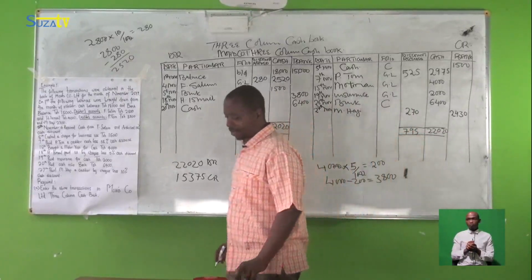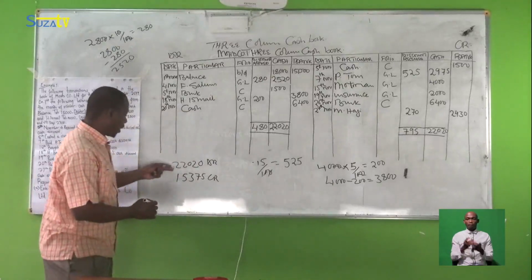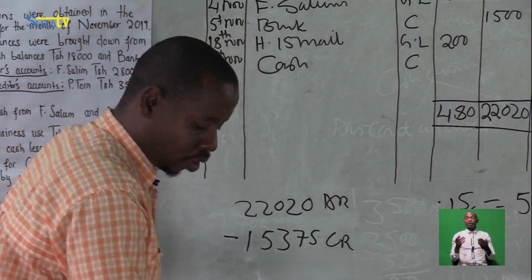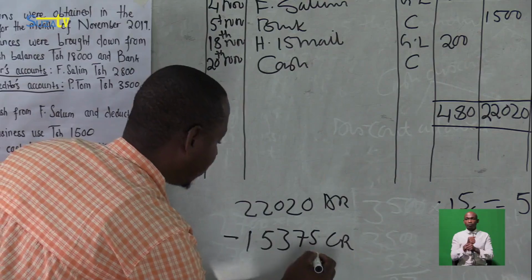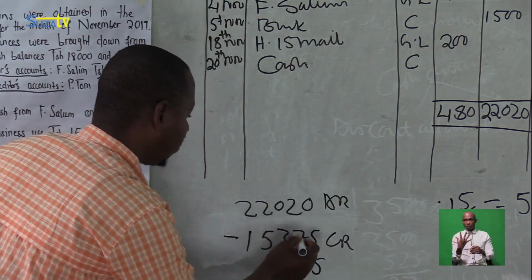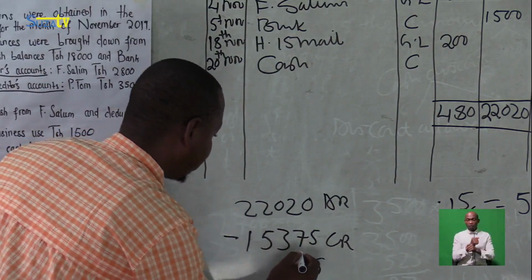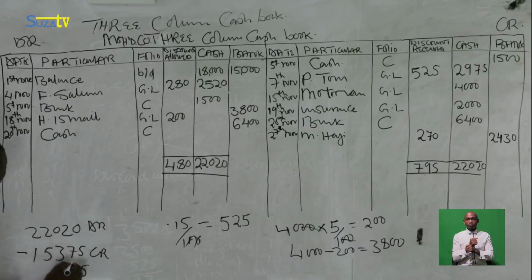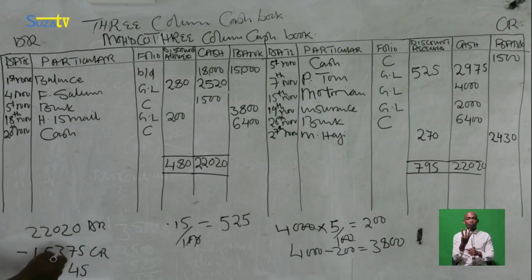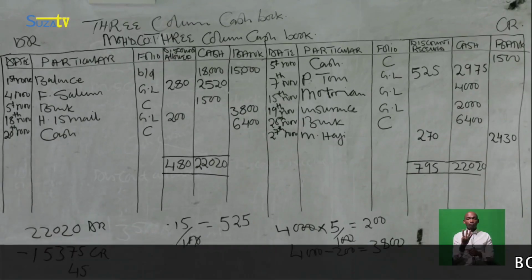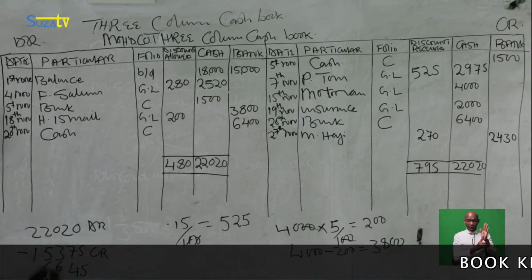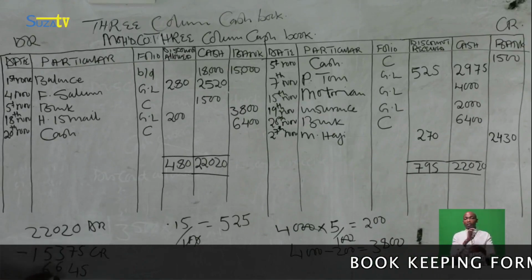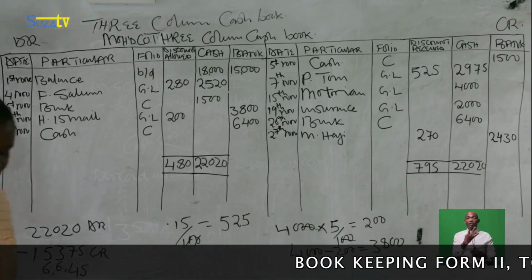Then take the bigger less the lower, and you get 6,645.